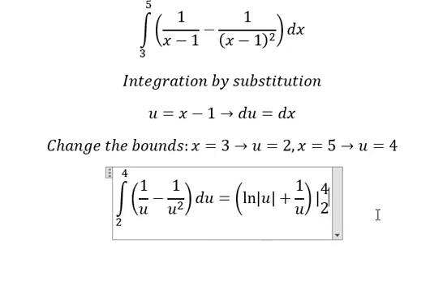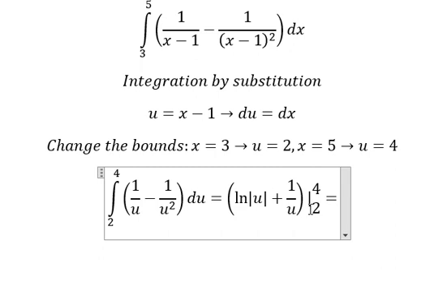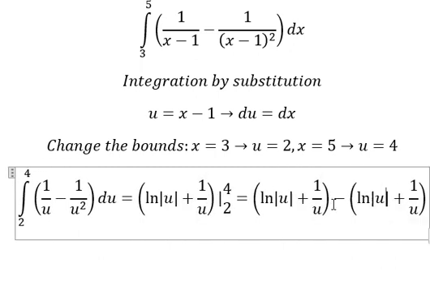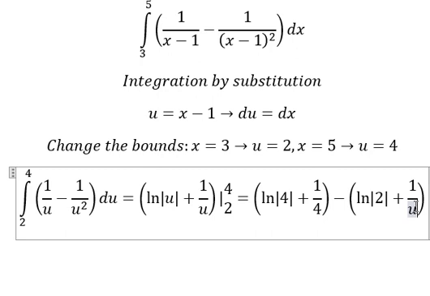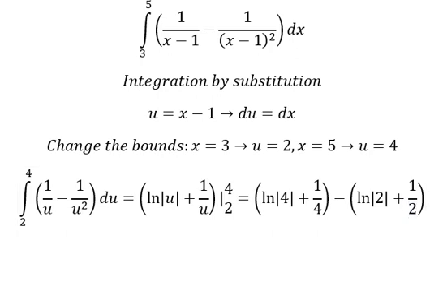And now we put 4 and 2 in here. So now we need to simplify it.